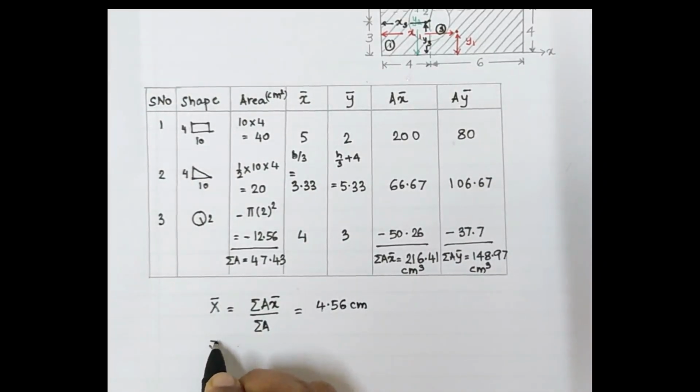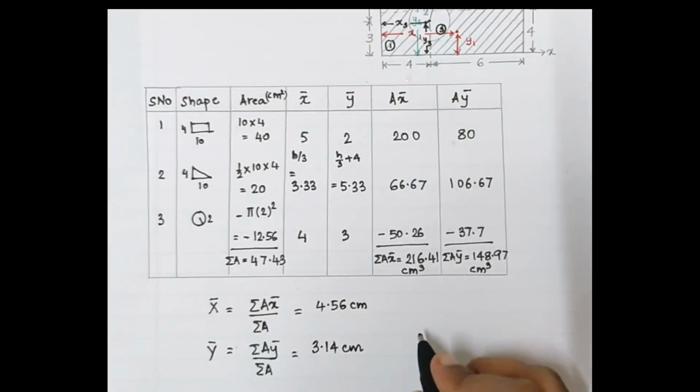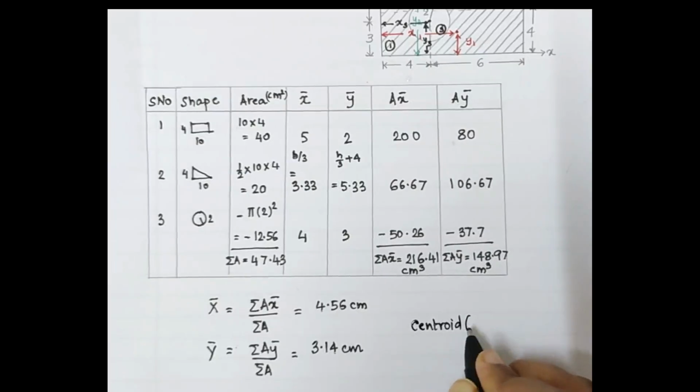Also, y bar comes out to be summation A y bar divided by summation A, which has the final answer of 3.14 centimeters. So when we put this final answer, we can simply write it as centroid in brackets, the x value first, that is 4.56 centimeters, comma 3.14 centimeters.